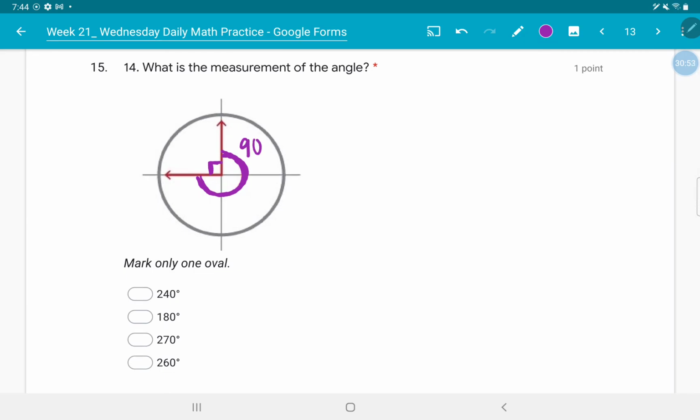So I know this section's another 90-degree angle, another 90-degree angle, and another 90-degree angle. So I could add those all together, or I could use multiplication. 90 times 3. 9 times 3 is 27, and I have the 0. So 270 degrees.